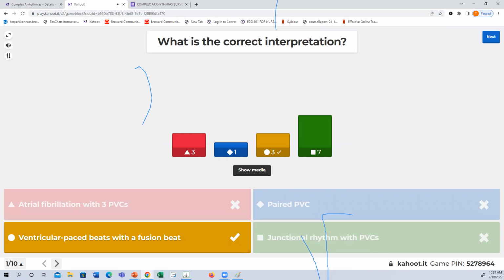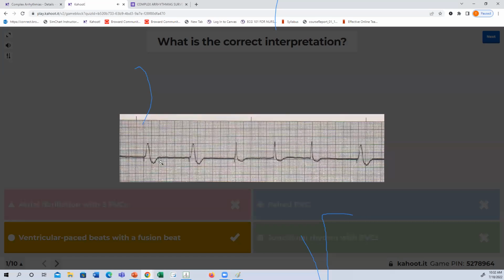Okay, the correct interpretation is a ventricular paced beat. So let's go ahead and determine why that is. If you're looking at this ECG, the most significant finding that you will see is actually the presence of spikes, okay? And this means that there's a ventricular pacemaker.